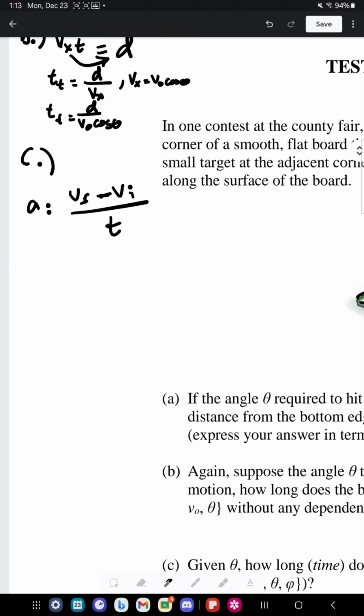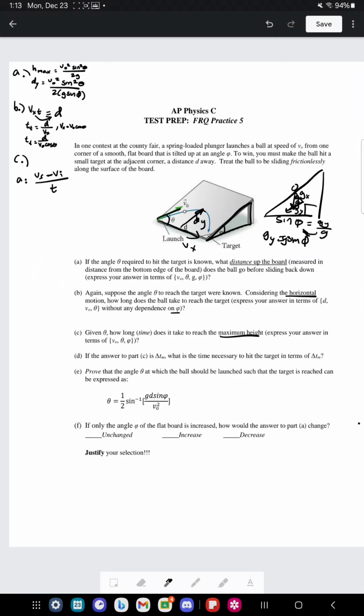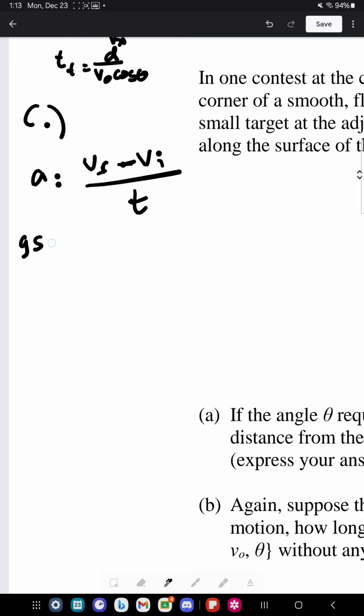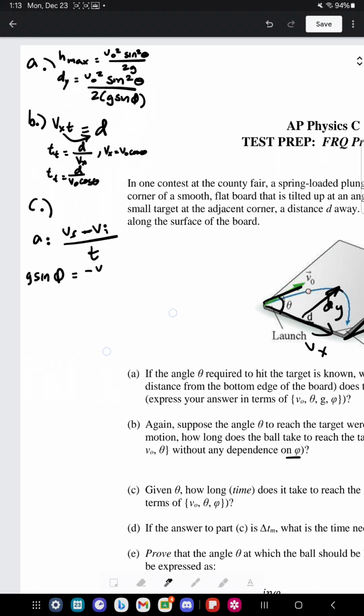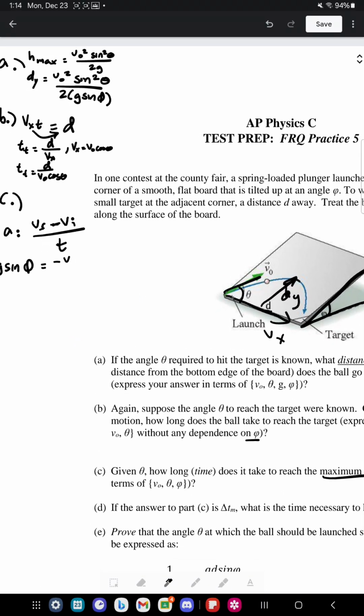So I can claim that a, which we know is g sine of the second theta, equals vf at the peak, which we know is 0, so it's just minus vi in the vertical direction. Because it's in the vertical direction, I'm going to redraw the arrow right here.